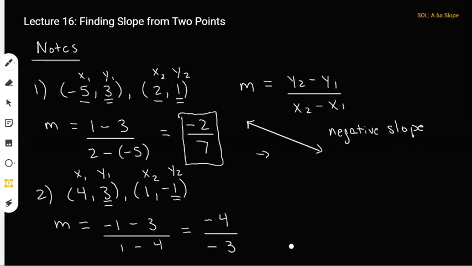So now notice how I have a negative number on the top and the bottom. So the negatives are going to cancel out when I divide to give me a positive number, a positive 4/3. That's going to be my slope for this one. I can't simplify this fraction anymore. It's a positive fraction, which means we're going to have a positive slope for this line.